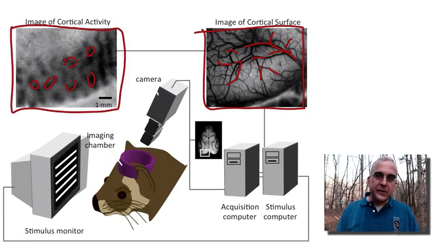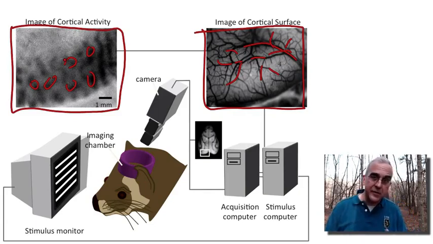Now, it's interesting to look at the literature from the time of Hubel and Wiesel's original writings back in the 60s and 70s and see how even though they were probing the brain with microelectrodes, they still had a sense of the organization that this method makes now quite clear. And that is that there are columns of neurons that are responding to the same visual stimulus that are distributed across the visual cortex.